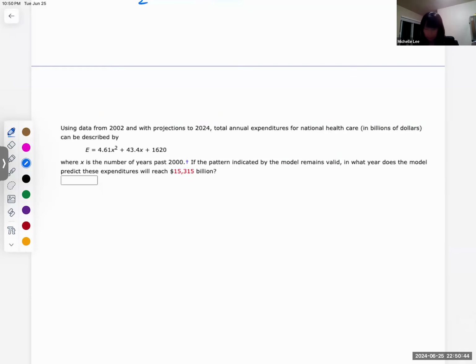So we have data from 2002 with projections to 2024. Total annual expenditures for national health care in billions of dollars is equal to 4.61x squared plus 43.4x plus 1620. That is the equation, right?